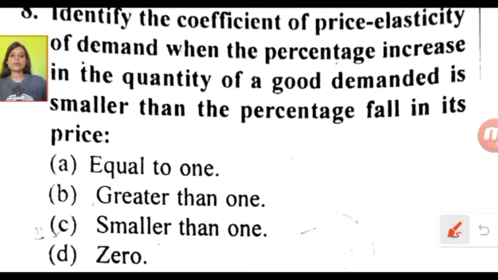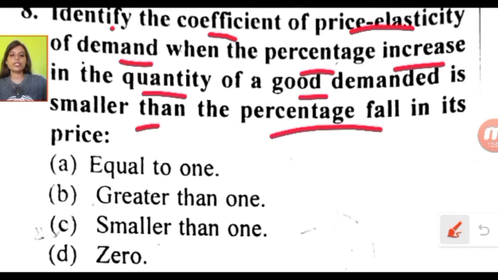Do follow the next question, that is, identify the coefficient of price elasticity of demand when the percentage increase in the quantity of a good demanded is smaller than the percentage fall in its price. Over here your answer would be number C. Now what is the formula for the price elasticity of demand?